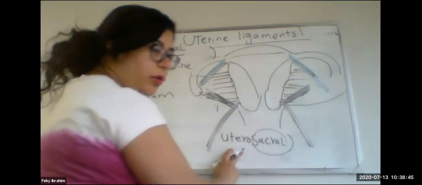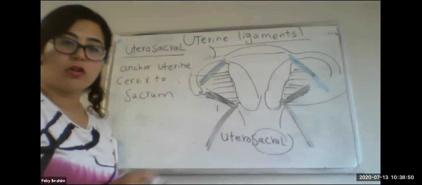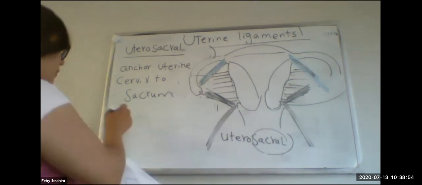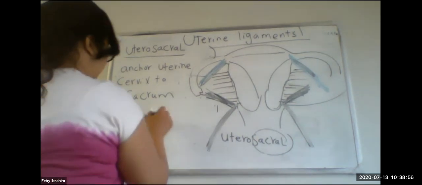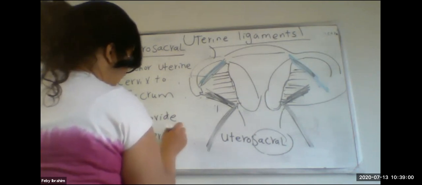That's why it's called uterosacral. It's a posterior support. It anchors the cervix to the sacrum posteriorly. So this one provides posterior support.